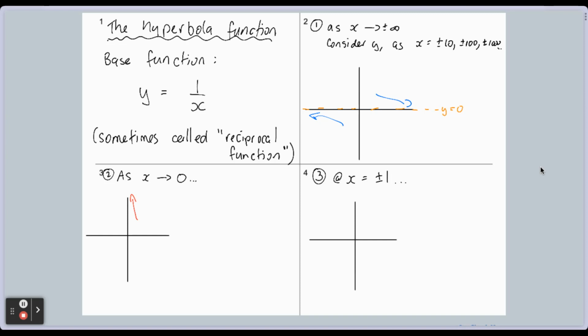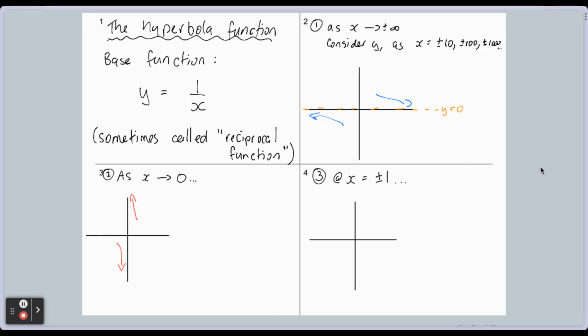What about if x is negative? Well, if x is negative, then we're going to have 1 over a negative number, so it's going to be negative. But then we're going to, again, have a really huge negative number. 1 over negative 1 trillionth is going to be negative trillion. So we're going to have this kind of behavior as x approaches 0.